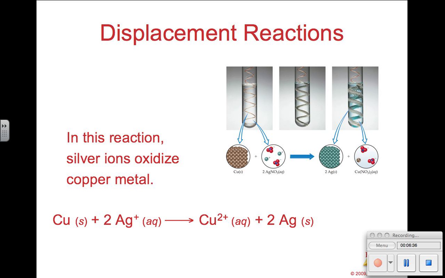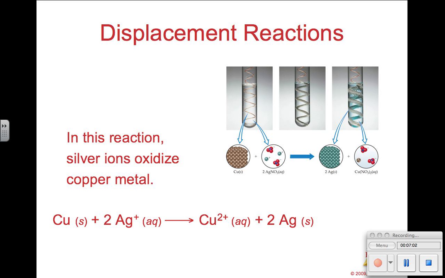Another reaction here, you've got copper metal being put in a solution of silver nitrate. The silver is an ion to start with, and the copper is a solid. So the oxidation number of copper on the reactant side is 0 because it's elemental, and the oxidation number of a single silver is +1.